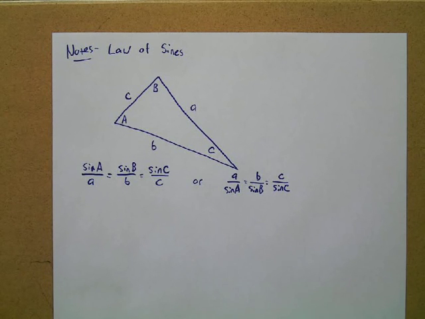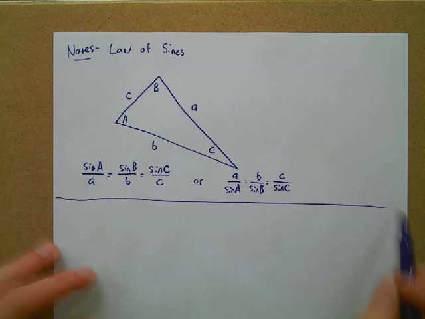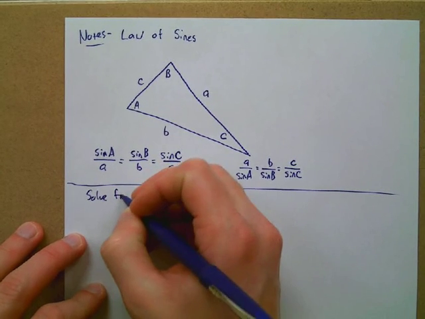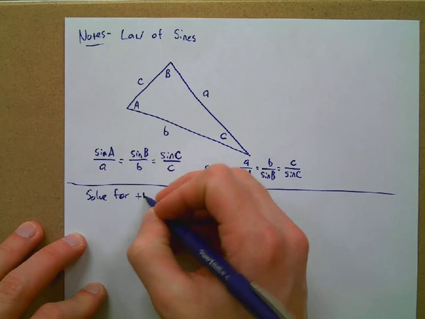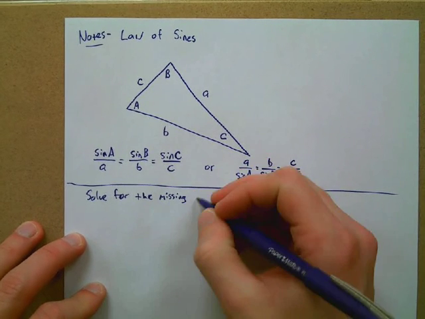Okay. So let's try that here. So let's solve for the missing pieces of the triangle below.